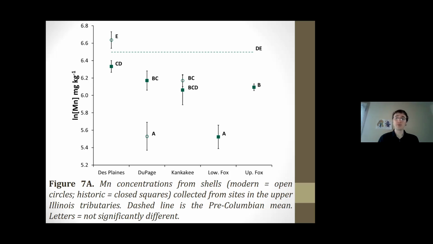And so my colleagues were not able to get modern shells from those 2 sites in the Fox River. Our closed squares in this graph are the historic shells, all from the 1950s and 1960s collections, and then the open circles are our modern shells. Taking a look at our exemplars, again, there is our pre-Columbian background.